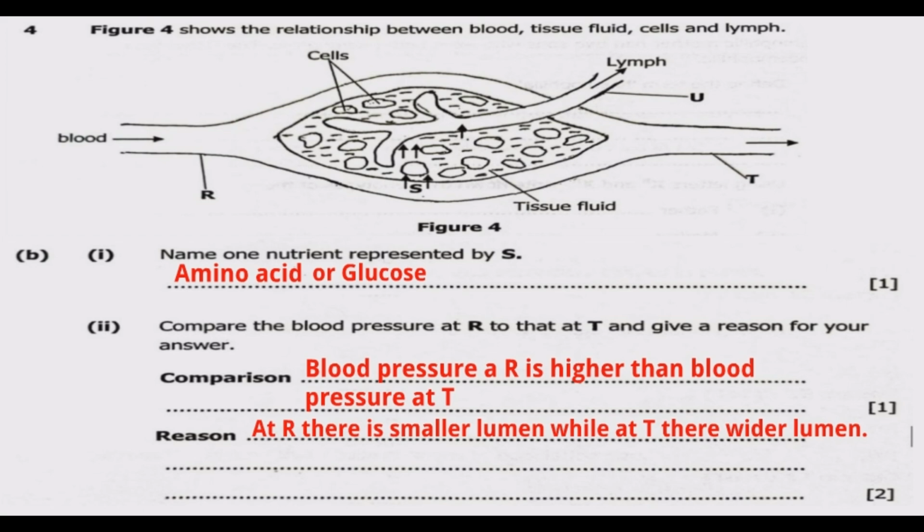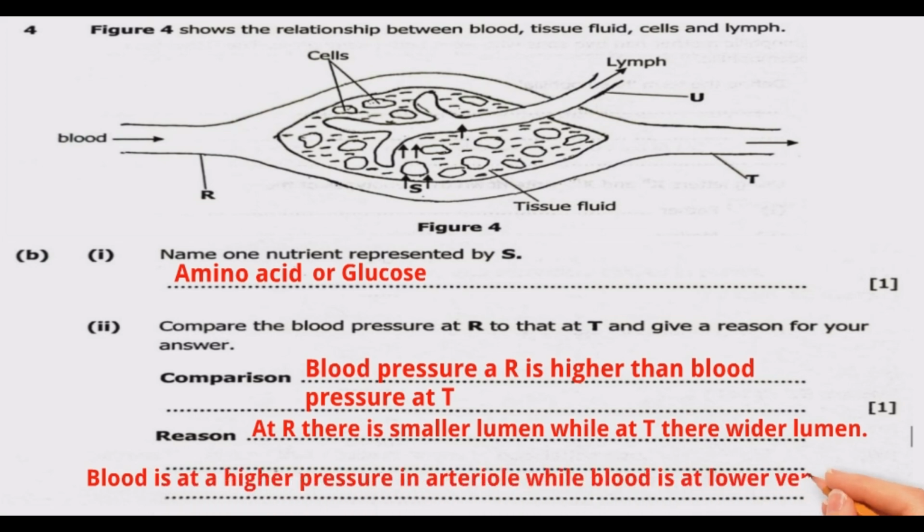The other reason is blood is at higher pressure in the arteriole, while blood is at lower pressure in the venule. Okay, so those are the answers.